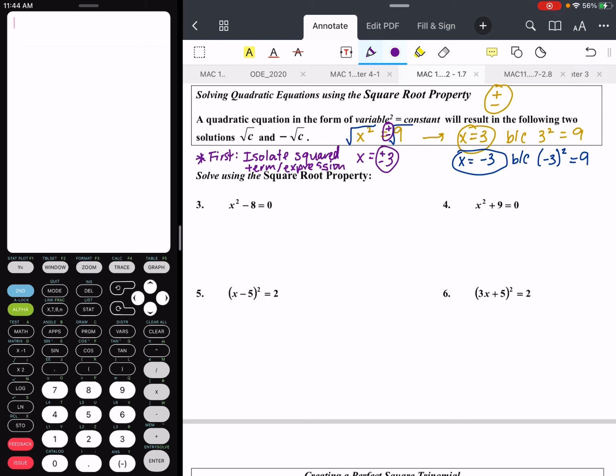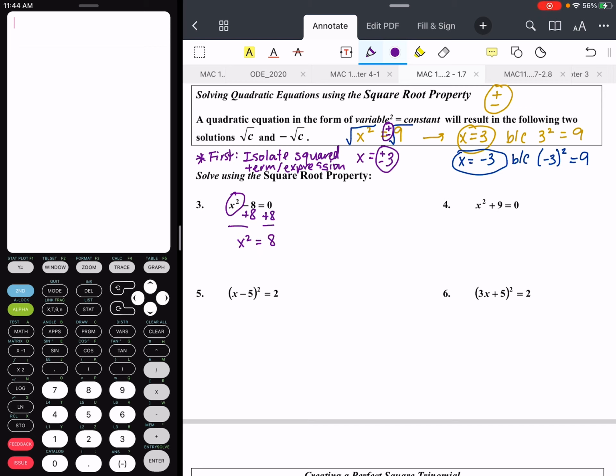All right, so in number 3, we've got x squared minus 8 equals 0. First, I want to isolate this x squared, so I'm going to add 8 to both sides. So I have x squared equals 8. Now at this point, this is when I'm going to apply that square root property. I'm going to take the square root of both sides, but when I take the square root of that constant on the right-hand side, I'm going to tack on that plus or minus.